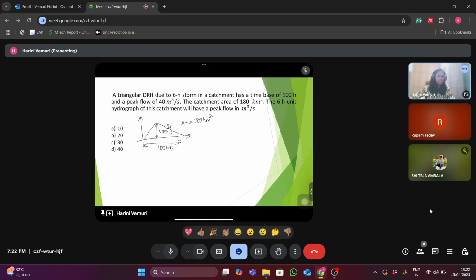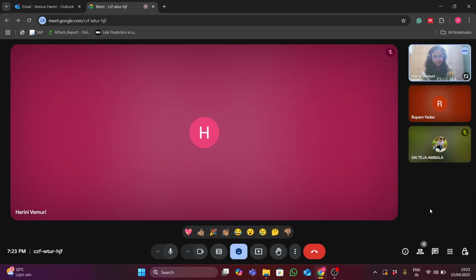So that means that here it's a direct runoff hydrograph. So first we have to calculate the runoff volume, which is equal to the area of this hydrograph. So half into 40 into 100. It's in hours, but the discharge is in meter cube per second, so we have to convert time also into seconds.